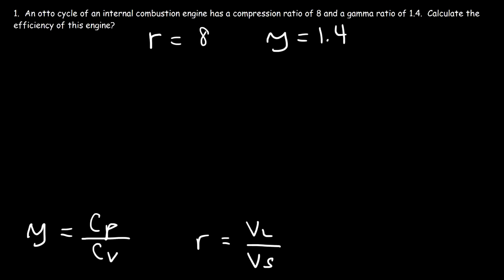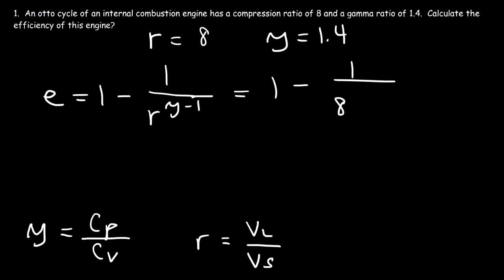Now let's focus on finishing this problem. So the efficiency is equal to 1 minus 1 divided by R raised to the gamma minus 1. So in this example, the compression ratio is 8, and gamma is 1.4. And 1.4 minus 1 is 0.4.